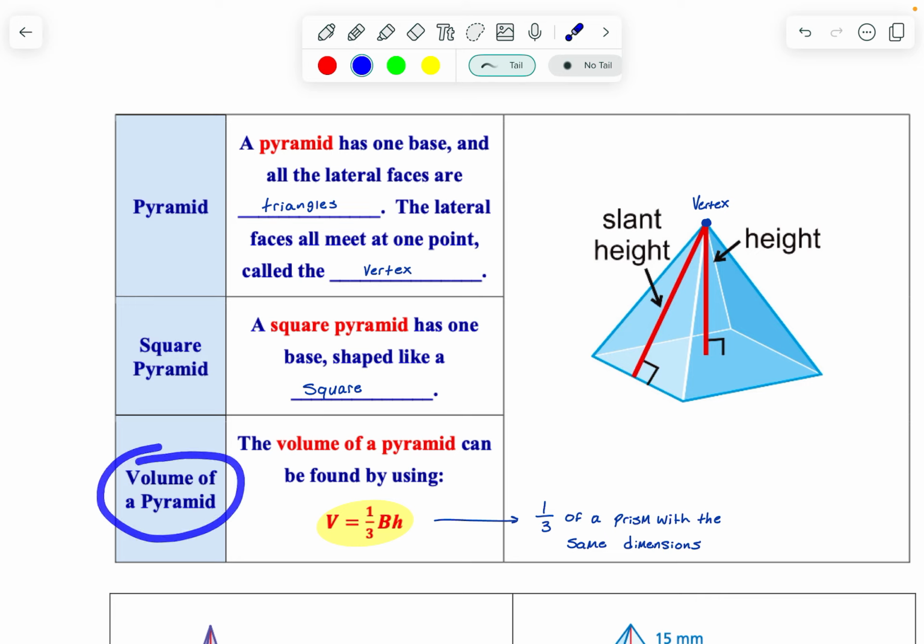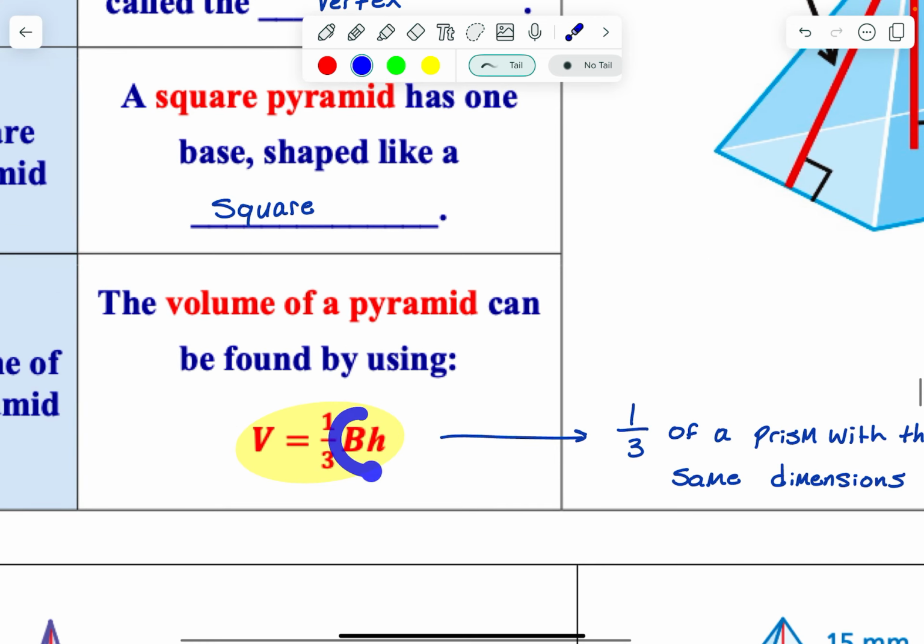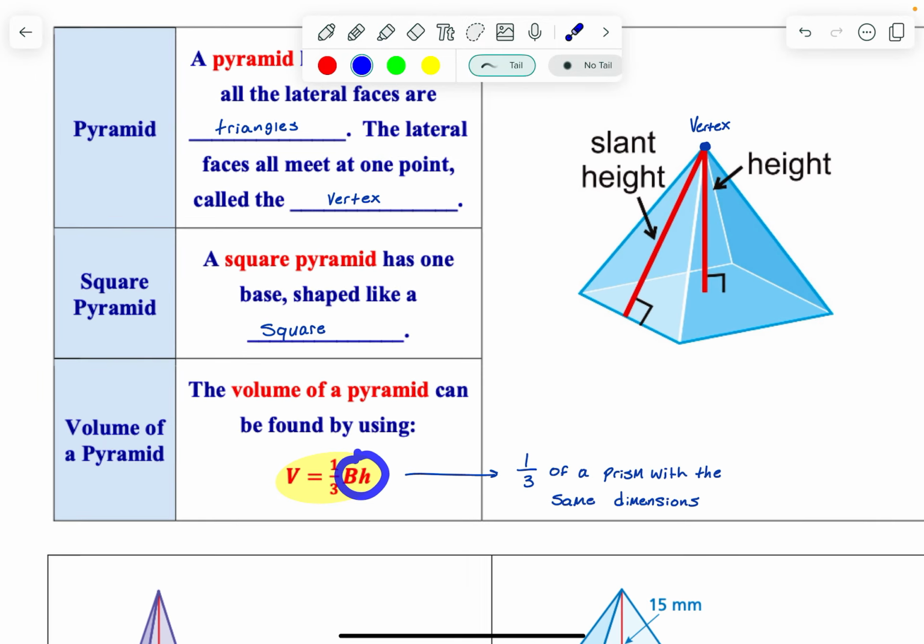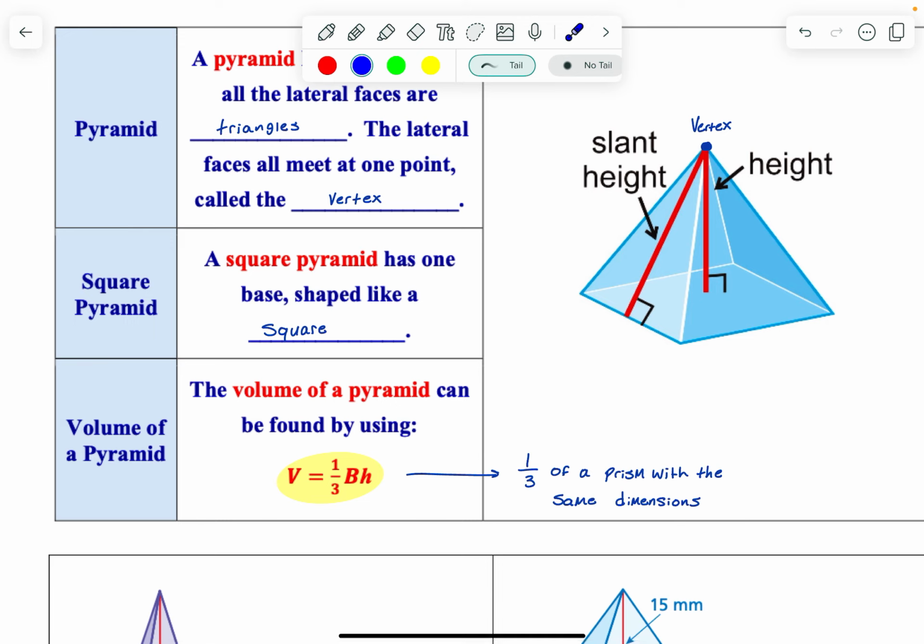To find the volume of a pyramid, you use the formula 1/3 area of the base times height. Area of the base times height, that is our formula for prisms. A pyramid is 1/3 of a prism with the same dimensions. So if we're finding the volume of a pyramid, 1/3 the volume of a prism.